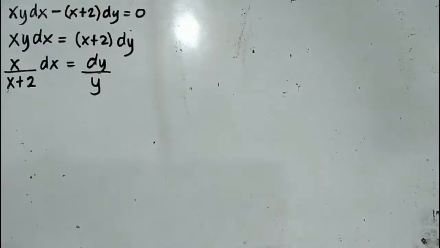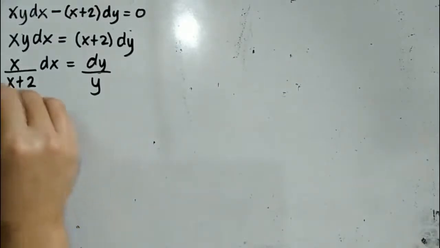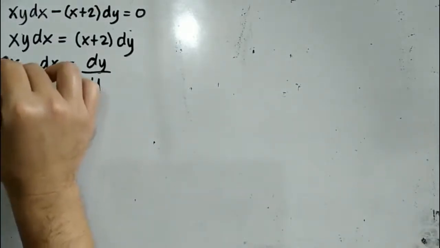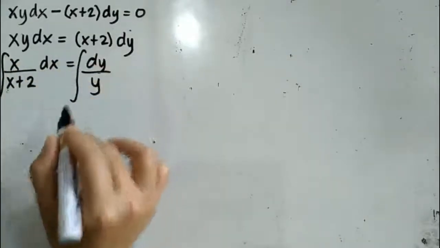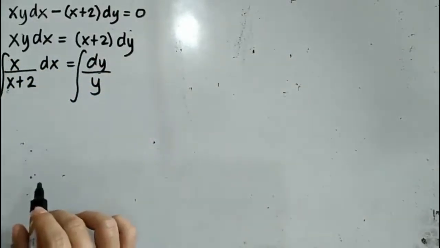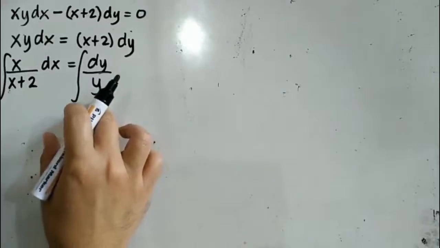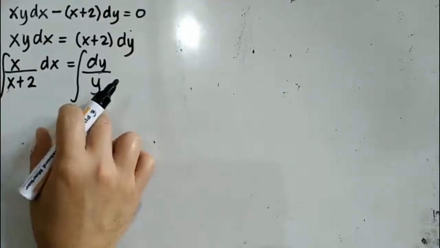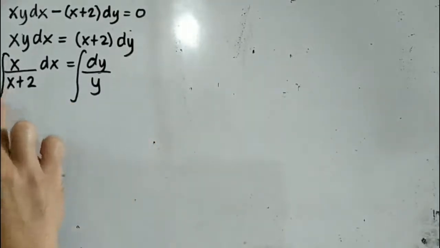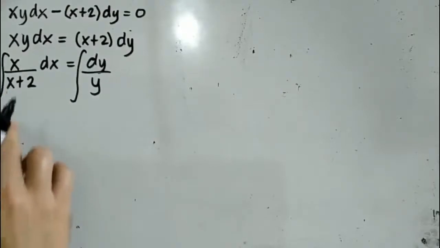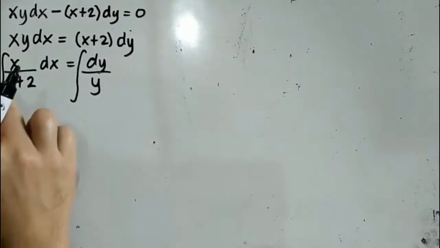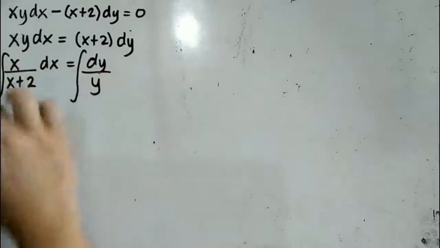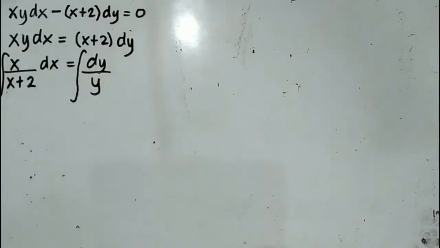Okay. And then we integrate both sides. As you can see, the right side is very easy to integrate. It is ln y. However, we cannot find a rule to integrate x over x plus 2 directly.